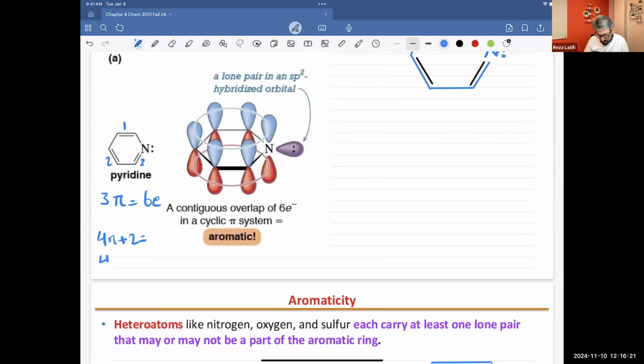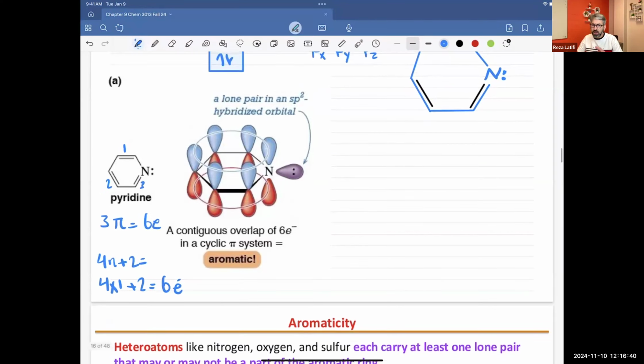If I go with n equal to 1, 4 times 1 plus 2, that's going to be 6. So we are following the formula 4n plus 2, with 3 pi bonds or 6 electrons. So the system until now is following the Huckel rule, or Huckel formula.